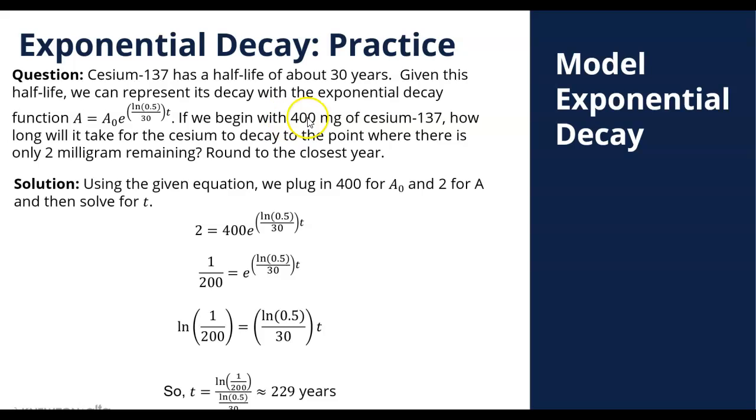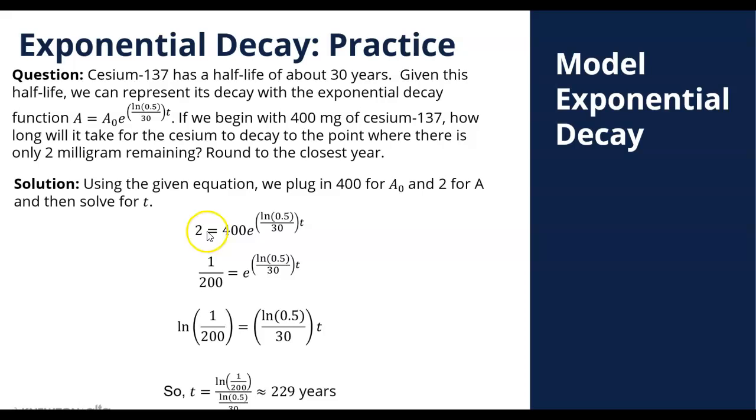Since we are given 400 milligrams of cesium-137 at the beginning, our A sub 0 here is equal to 400. We want to compute for the time when the cesium will decay to the point where there is only 2 milligrams remaining. So we want to compute for t when the amount is equal to 2 milligrams.